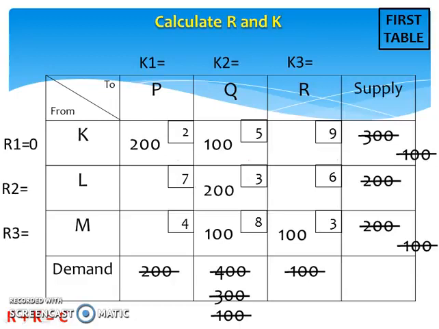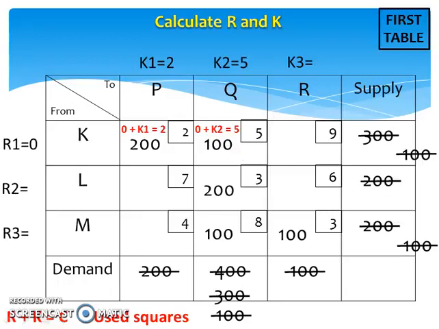Please bear in mind that this formula is only applied to U squares, so we need to look only at U squares. For example, at this U square, we have 0 plus K1 equals 2, so we get K1 equals 2. At this U square, we have 0 plus K2 equals 5, so we get K2 equals 5.